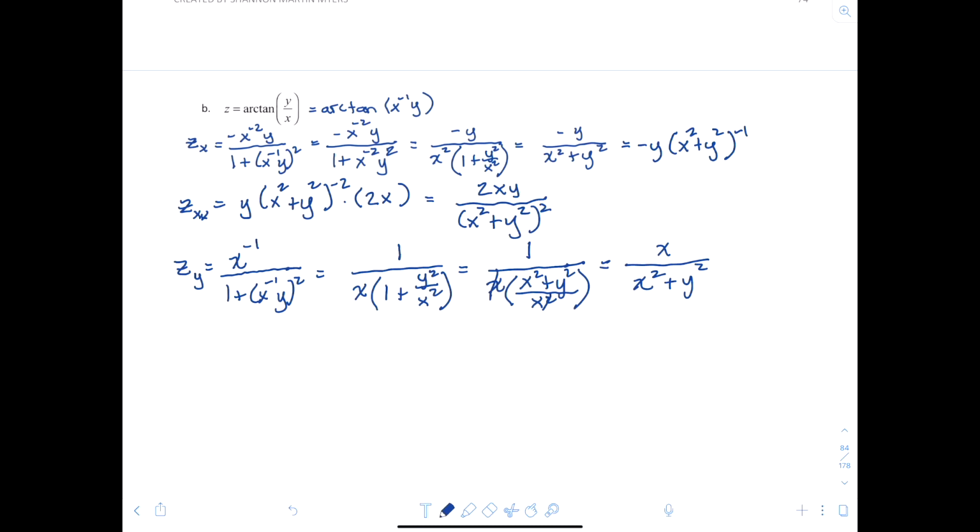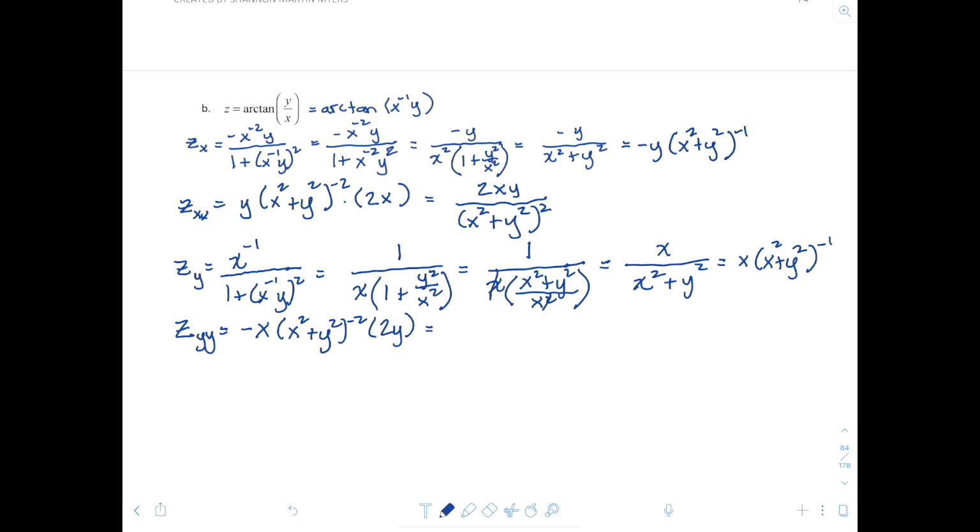And that, of course, could be written as x times x squared plus y squared to the negative 1. So zyy is going to be negative x times x squared plus y squared to the negative 2, and then the derivative with respect to y of x squared plus y squared is 2y.